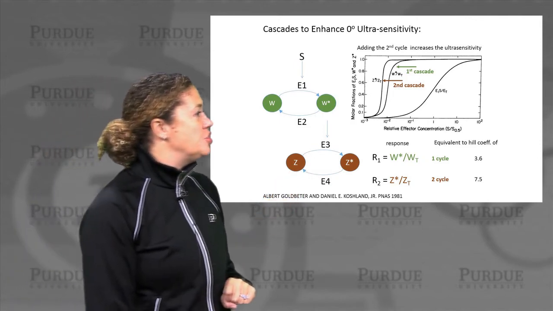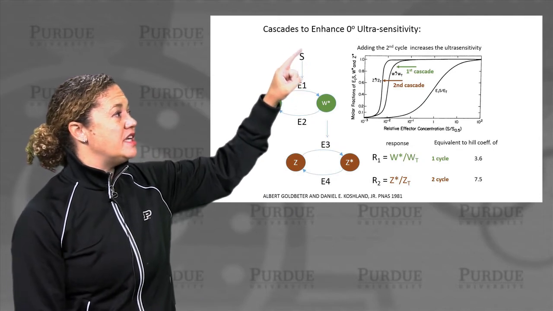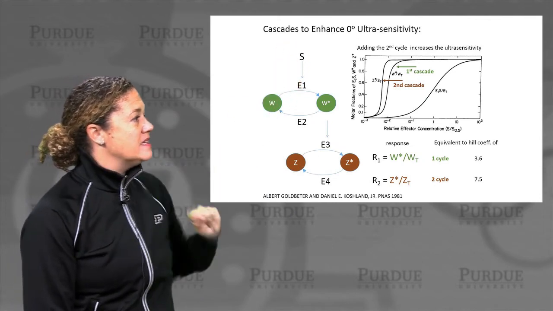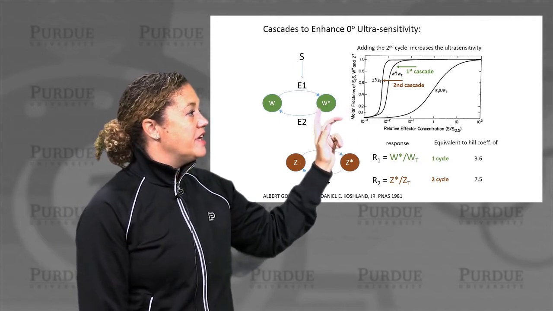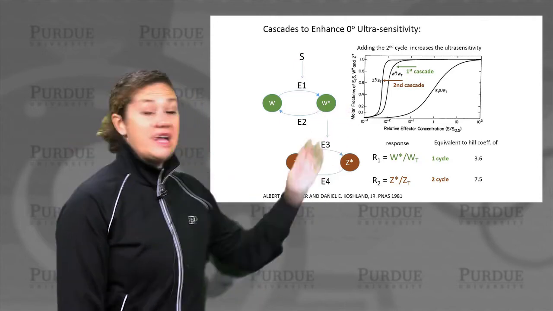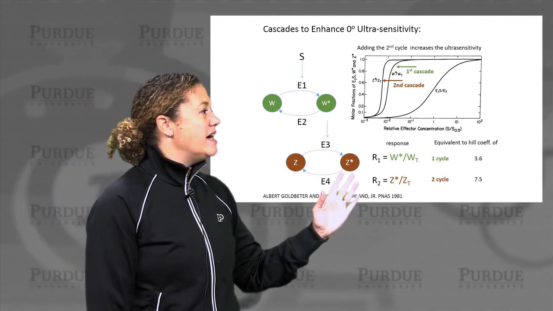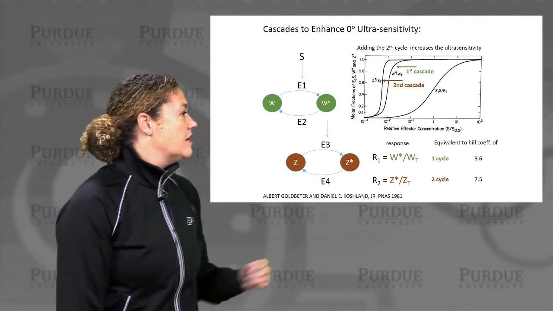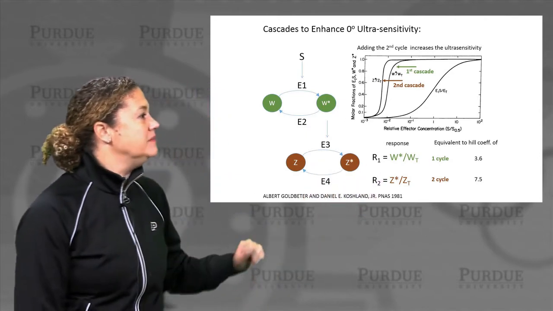Now we have two responses that we can look at as a function of our initial signal S: the mole fraction of W star, the phosphorylated version of our protein, and of Z star, the phosphorylated form of the second protein in the cascade.